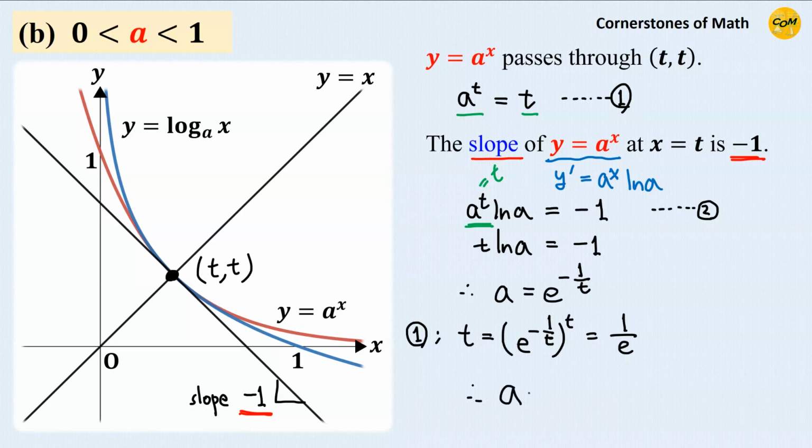Therefore, a, which is again given as e to the -1 over t, if we substitute t with 1 over e, we have e to the power of -e, or 1 over e to the power of e, which is clearly a value between 0 and 1.